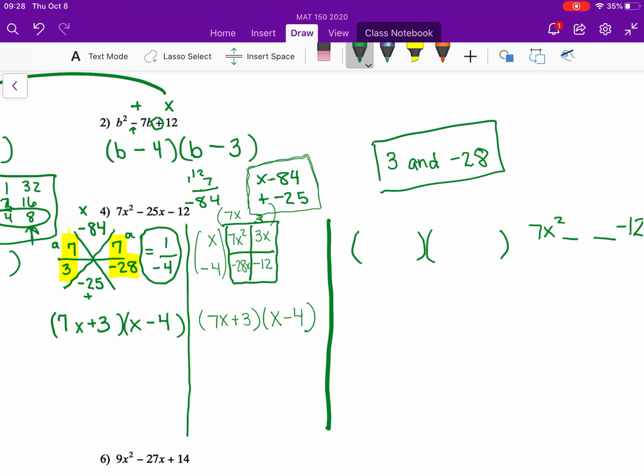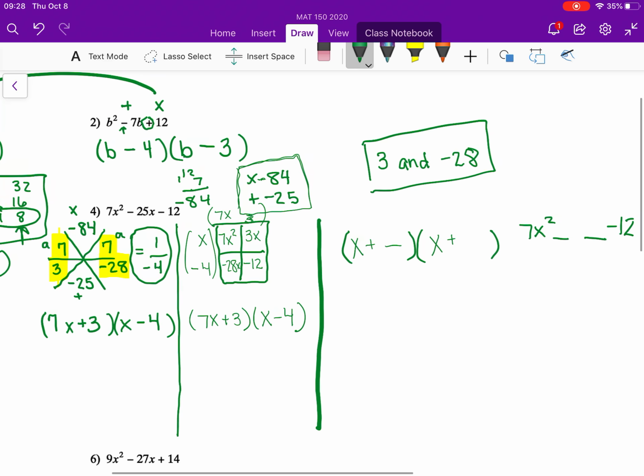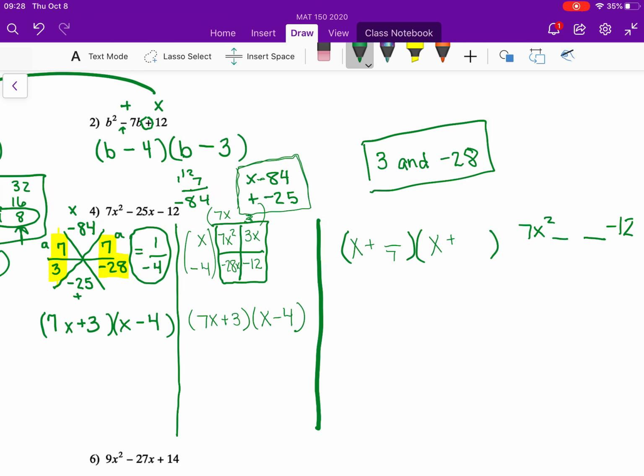Slide and divide looks like you always start with x. You can put a plus here if it makes you happy. This time, a is going to go on the bottom. Just like all the others, I needed to know what multiplies to get negative 84 and adds to get negative 25. Our numbers were negative 28 and 3.